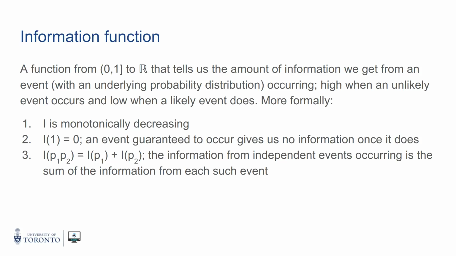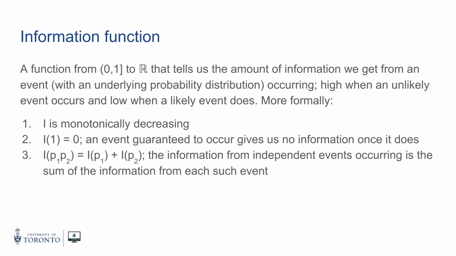If something has high information if it's very unlikely, and low information if it's very likely, then an information function that takes values in probability is going to be a monotonically decreasing function, or in simpler terms, a strictly decreasing function. Another thing we're going to specify is that the information function evaluated at 1 is 0.